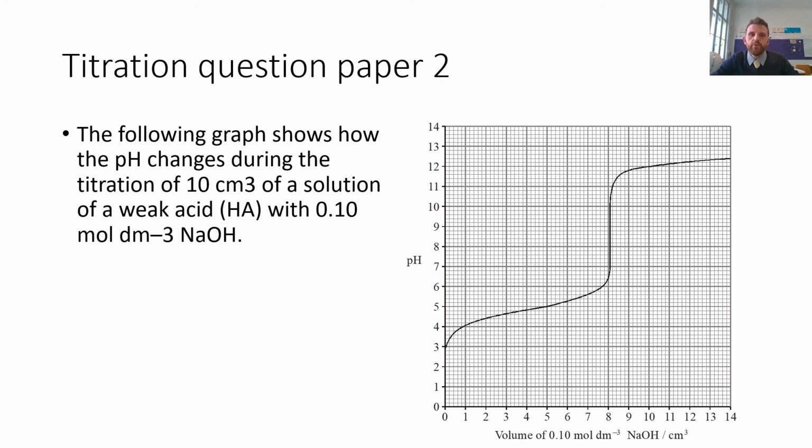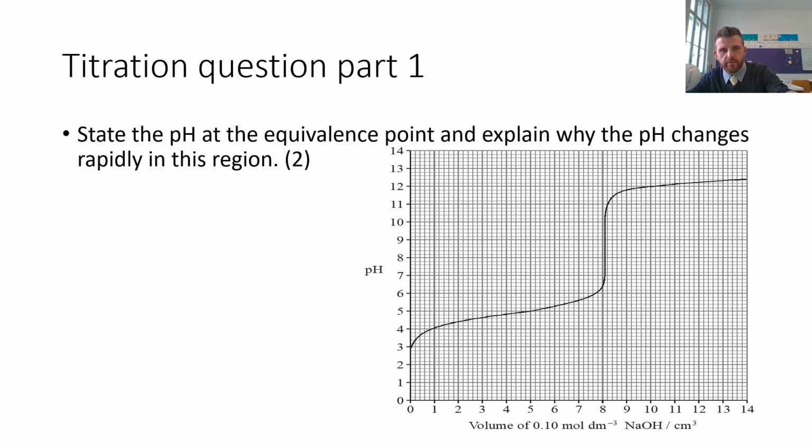Titration question, paper 2. The following graph shows how pH changes during the titration of a weak acid with a base. Cool. This is just the introductory thing so you could see it. Here come the questions. State the pH at the equivalence point and explain why the pH changes rapidly in this region.